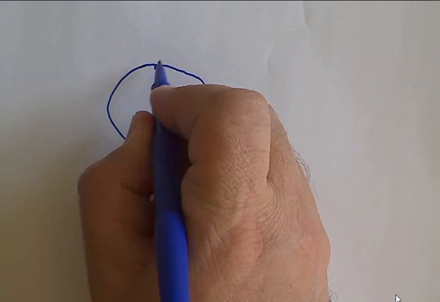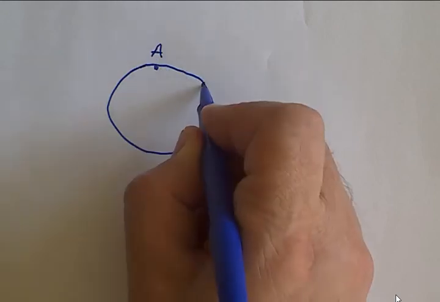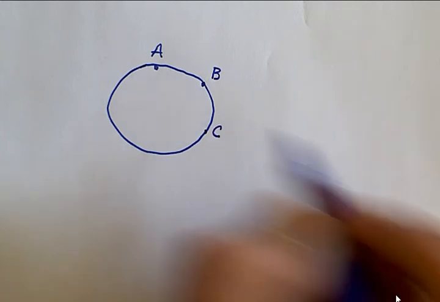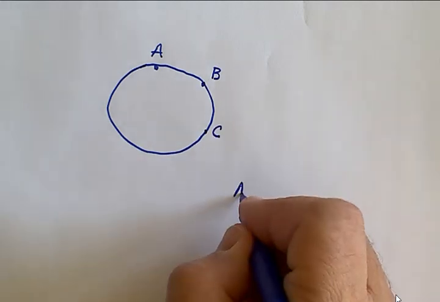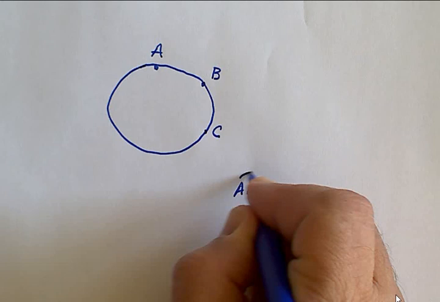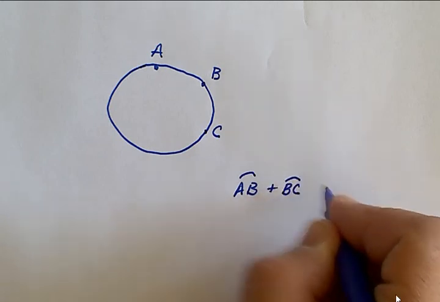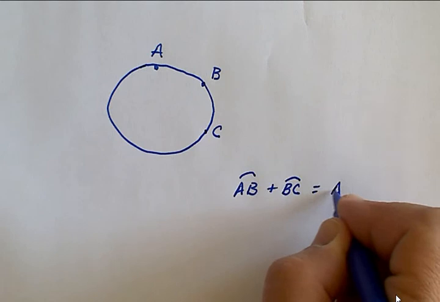Here's AB. Here's BC. So I know that the arc AB, when added to the arc BC, has to equal the arc AC.